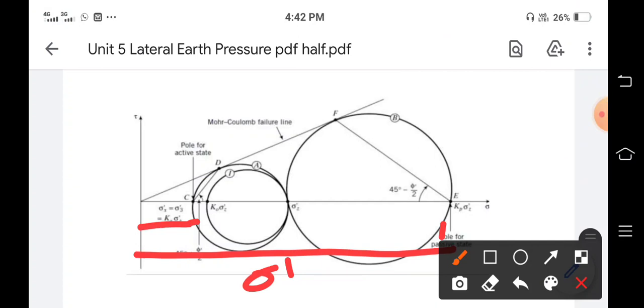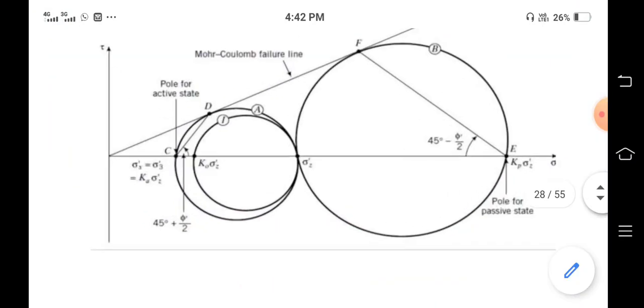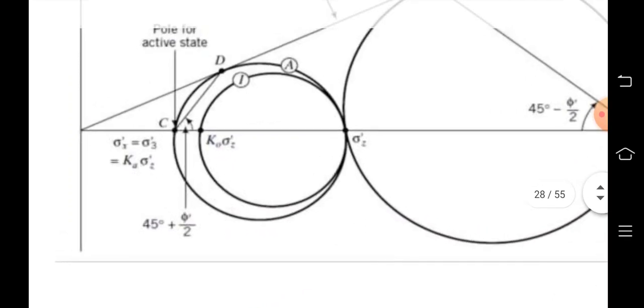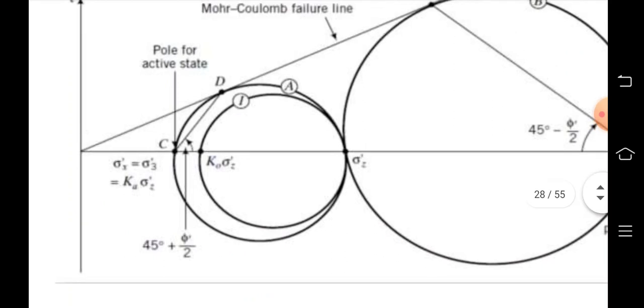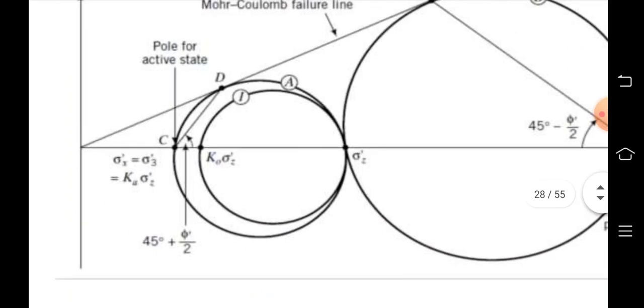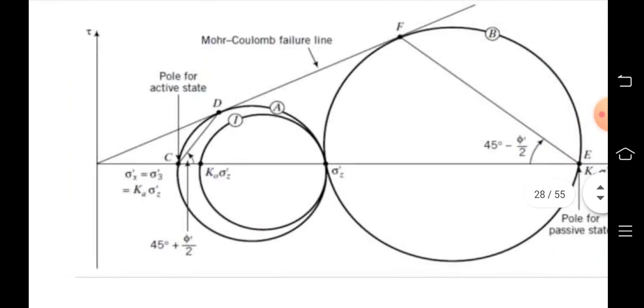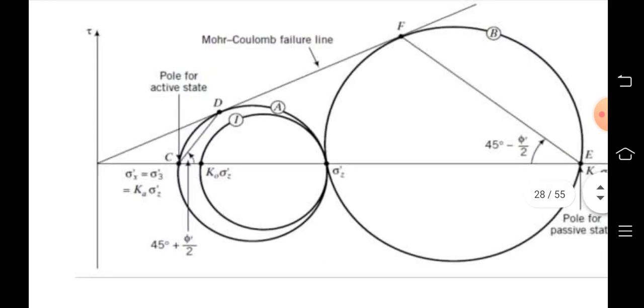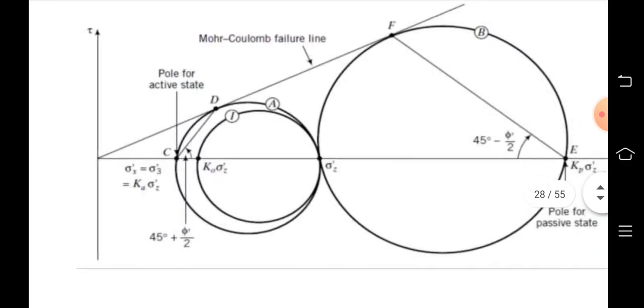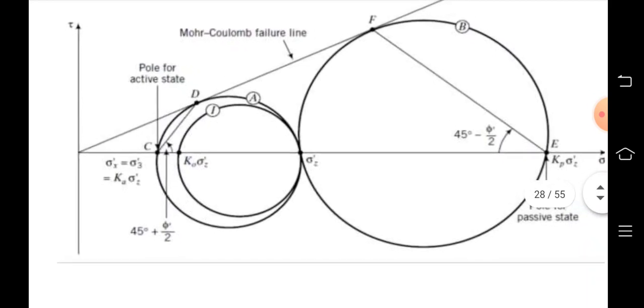Then the K0: K0 means the coefficient of earth pressure at rest. Ka stands for the coefficient of active earth pressure, and Kp means the coefficient of passive earth pressure.